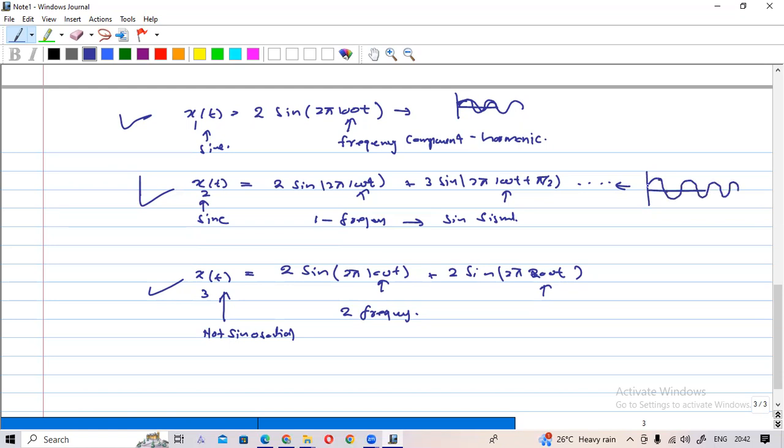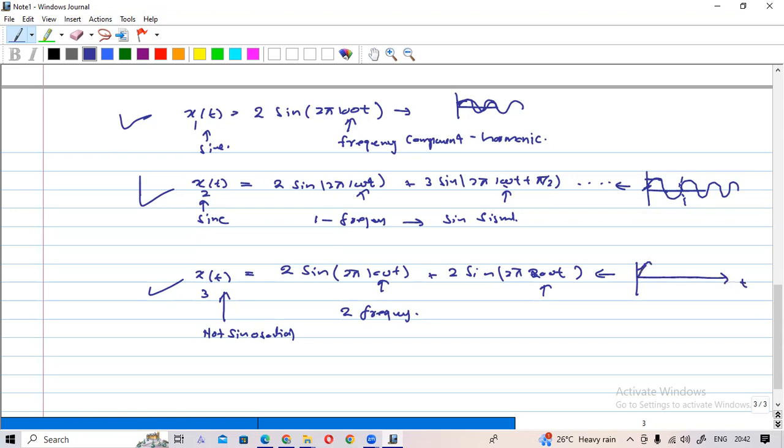The amplitude and phase may be changed, but the frequency will be 100. There is no frequency change. The waveform will change because amplitude and phase change, but frequency does not change. So you have a sinusoidal shape here also.